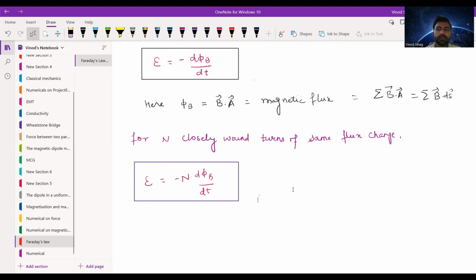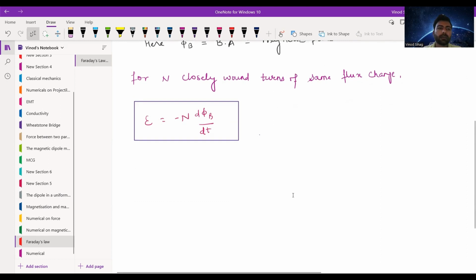According to the given problems, we will be able to predict whether the induced EMF will increase or decrease. Sometimes in the questions, someone can vary the magnetic field, or they change the shape of the object. Then the area will also change.